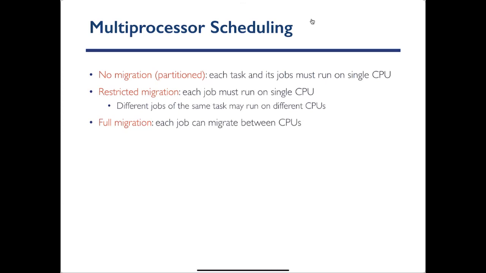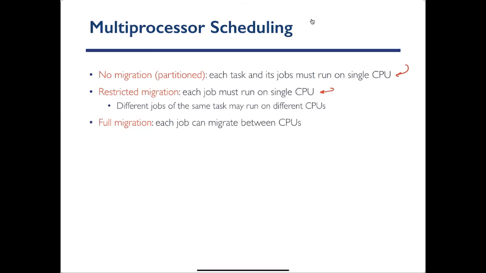So that's that. Now, you could have restricted migration, meaning that you could say, I'm not going to migrate jobs, but I allow different jobs from a task to be assigned to different CPUs. So in the first one, a task gets assigned to a CPU, therefore all of its jobs are also going to run on that CPU. In the second one, in the restricted migration model, I'm not going to assign each task to a certain CPU.